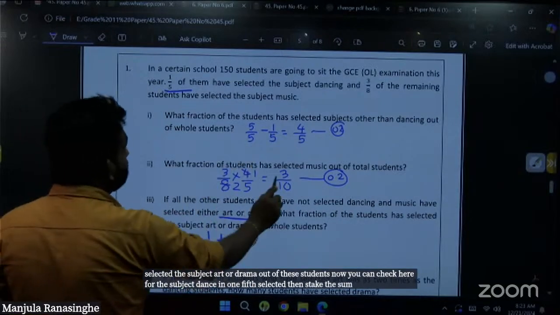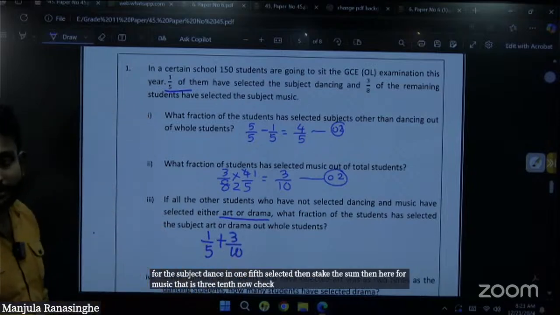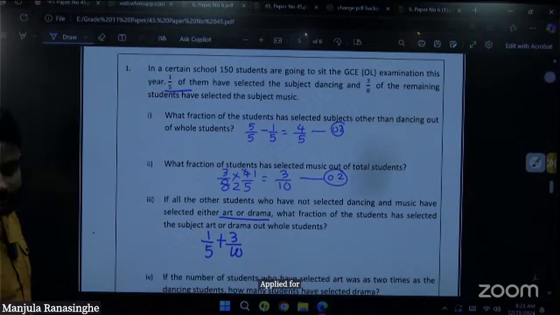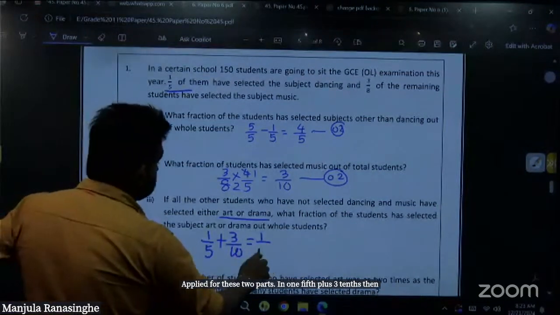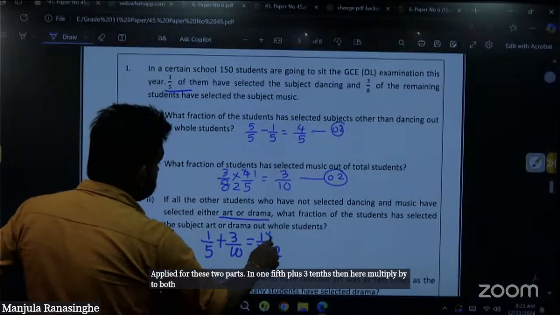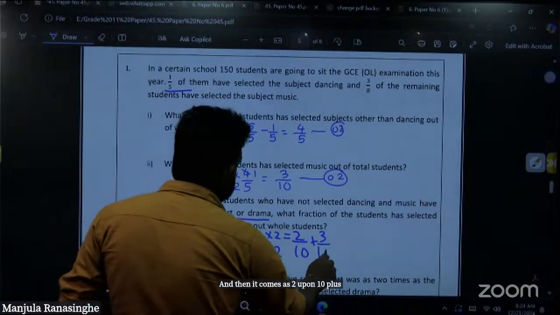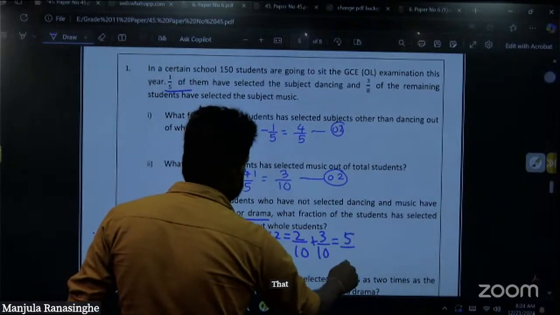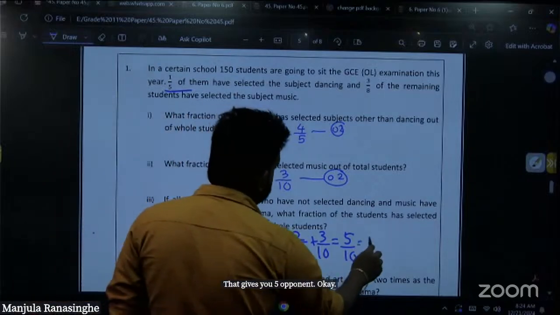For music it is 3/10. Now check how many in total applied for these two. 1/5 plus 3/10: multiply by 2 on both sides, and it comes as 2 upon 10 plus 3 upon 10, which gives 5 upon 10. 5 upon 10 means exactly half.